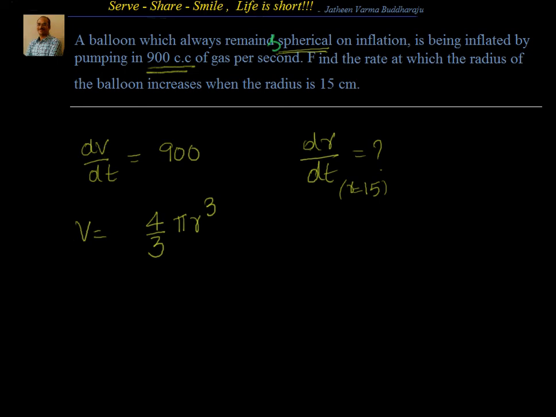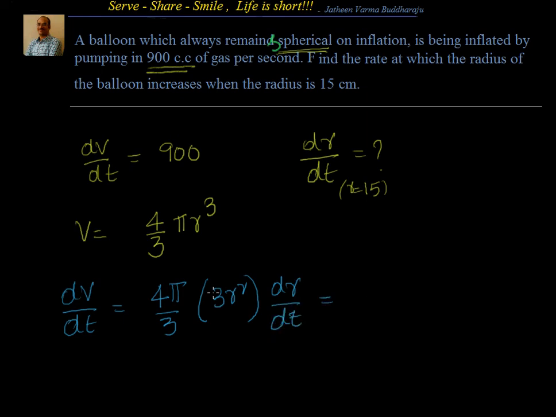So we have been given dV by dt. Let's go ahead and try to differentiate. We will have dV by dt equal to 4 pi by 3 into 3r square dr by dt, where the 3 cancels out.